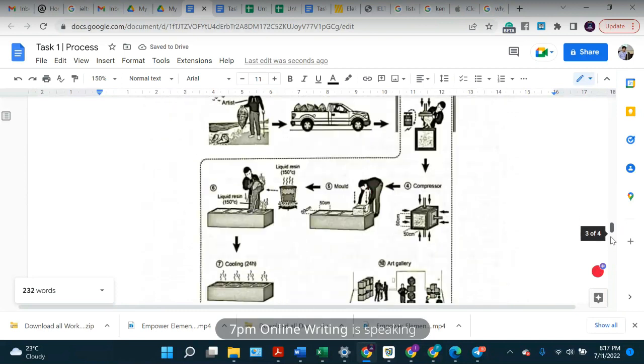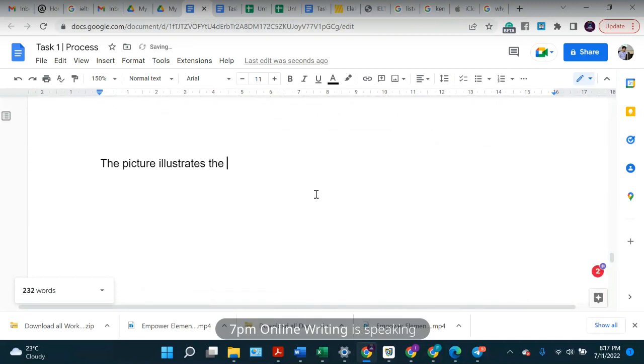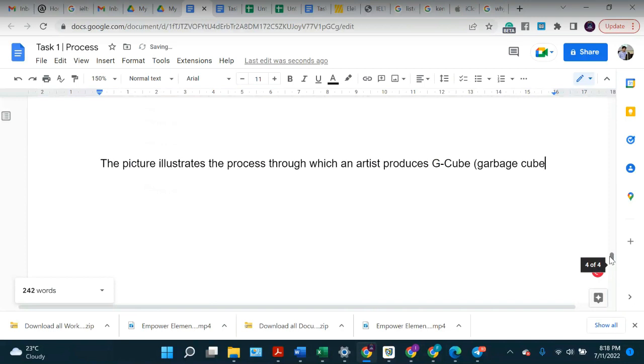Then we can say the process, as I already mentioned, through which an artist maybe produces G-cube sculptures. So we have garbage cube. Or maybe you can say garbage cube sculptures.